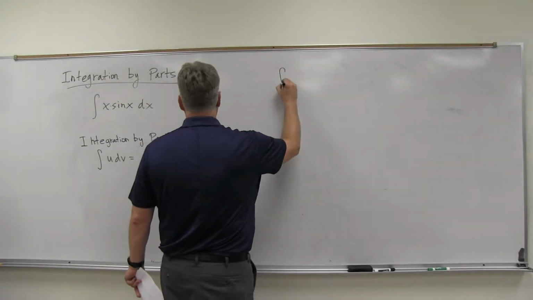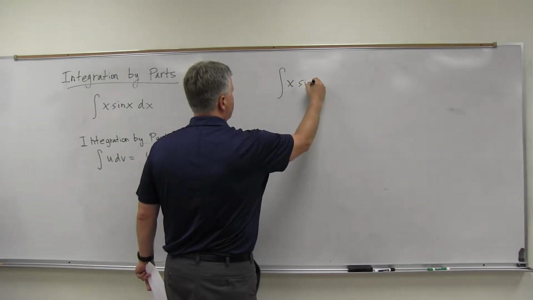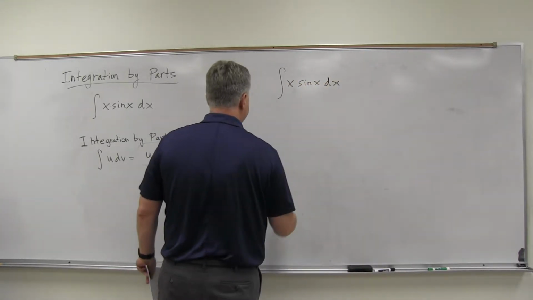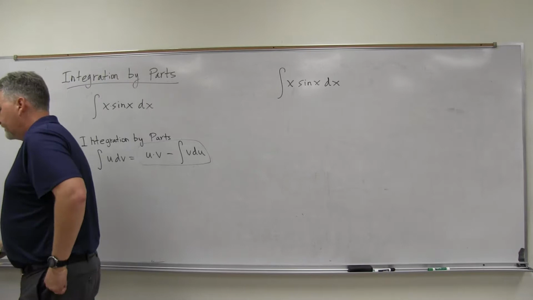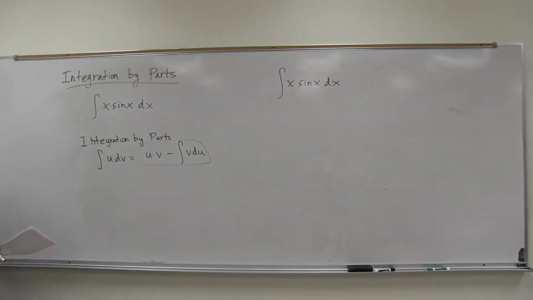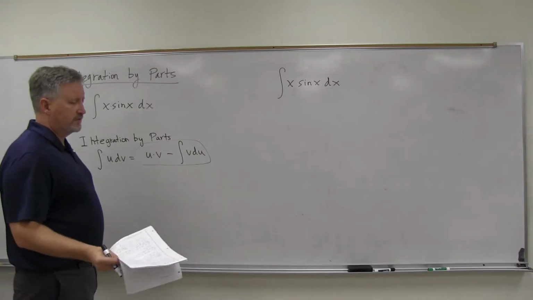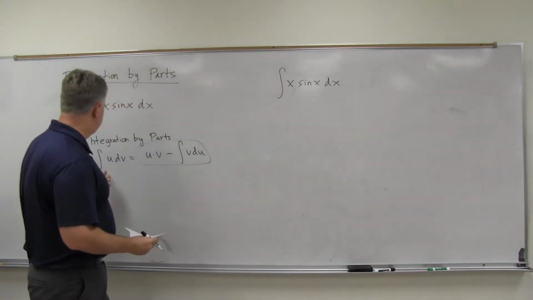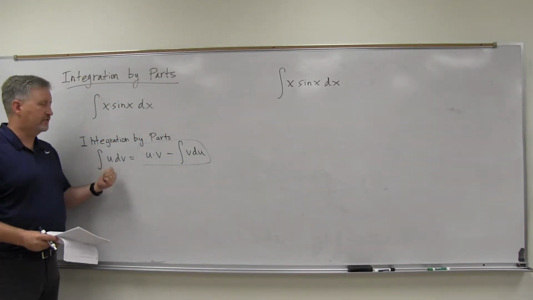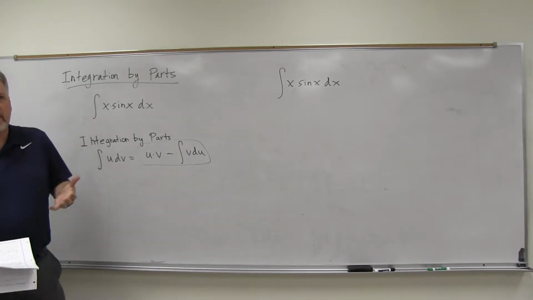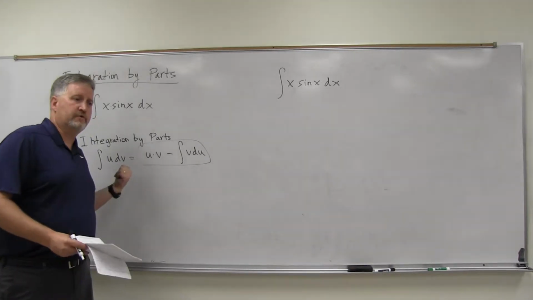Let's take our example, the one we started with, and apply integration by parts. When you do integration by parts, you call part of it u and part of it dv, and it may not be obvious which part is which.